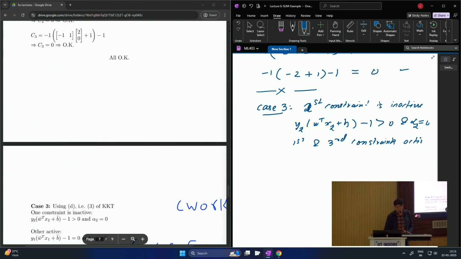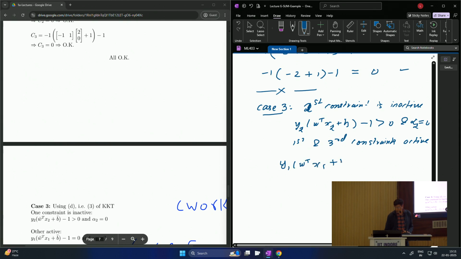In this case, you would get y1 (w transpose x1 plus b) minus 1 is equal to 0. Alpha 1 could be anything, and similarly y3 (w transpose x3 plus b) minus 1 is equal to 0. So alpha 3 could be anything. Can you solve it and tell me? Think with me.